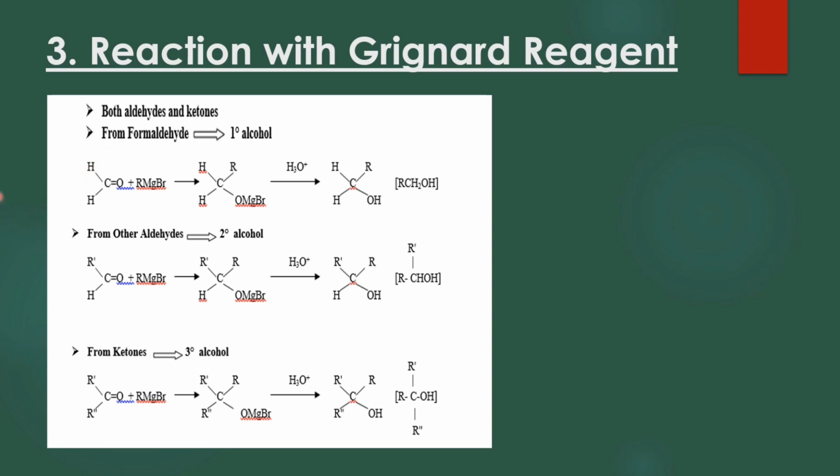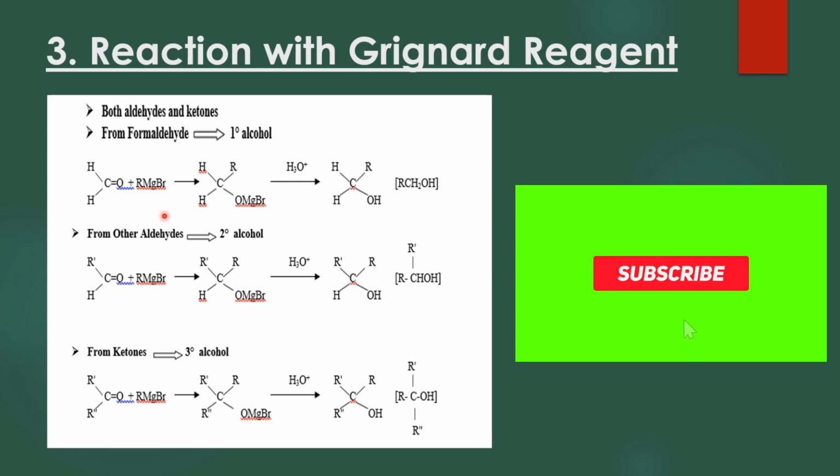Now, reaction number 3, reaction with Grignard reagent. Both aldehydes and ketones react with Grignard reagents to form alcohols. In the first step, Grignard reagent in dry ether is added to the solution of carbonyl compound.